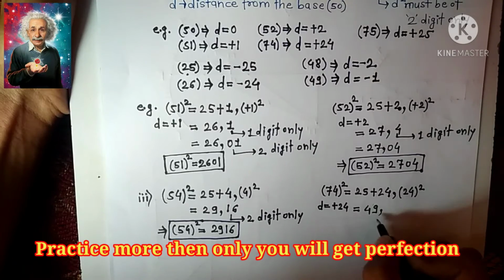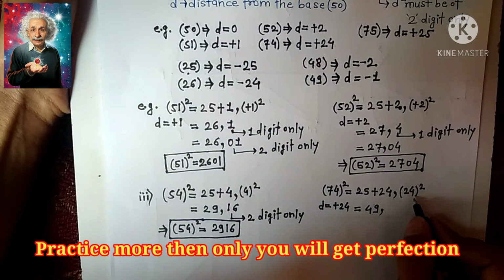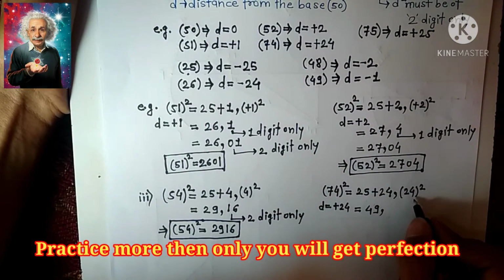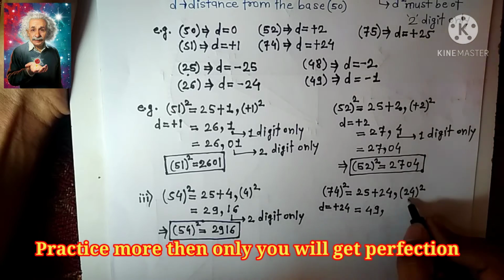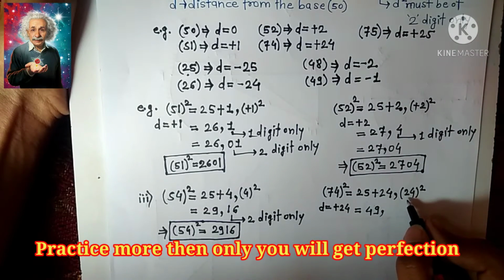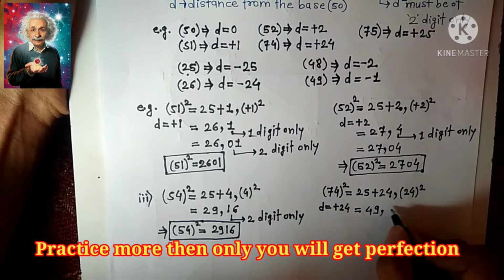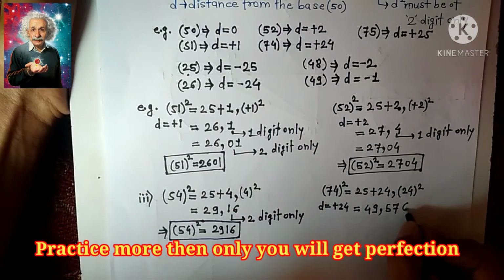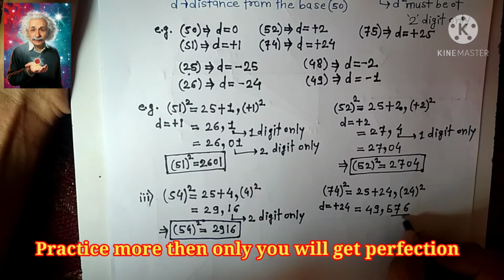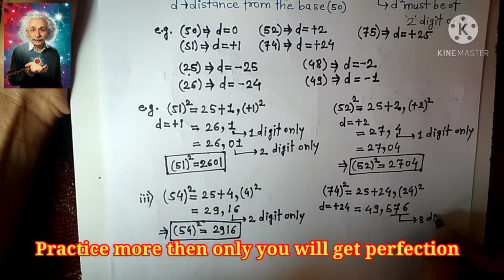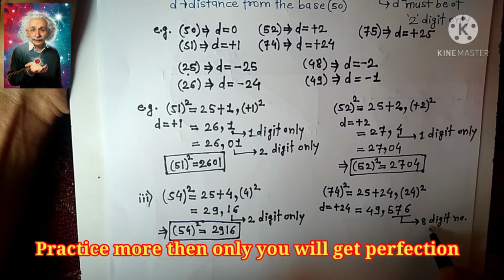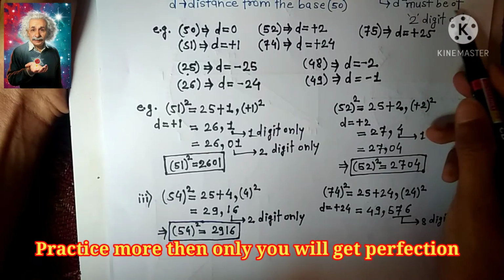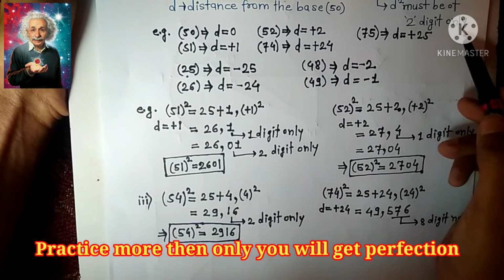49 comma. Yesterday we have seen how to square the numbers between 10 to 25. By using that trick we find the square of 24 and we get it as 576. But this is a 3 digit number, but here d square must be of 2 digit only.